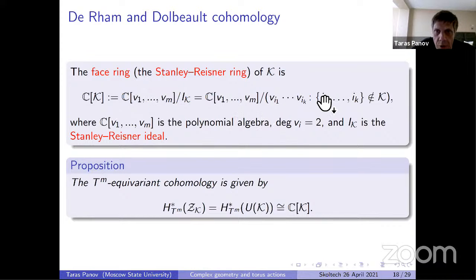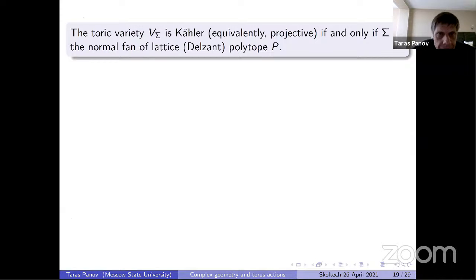It's a quotient of the polynomial ring by a square-free monomial ideal corresponding to the non-simplices of K. We take out the monomials corresponding to non-simplices, and this ring is precisely the equivariant cohomology of either U(K) or Z_K, since there is an equivariant deformation retraction between them. So it's the same equivariant cohomology. And this is also the equivariant cohomology of the simplicial toric variety.